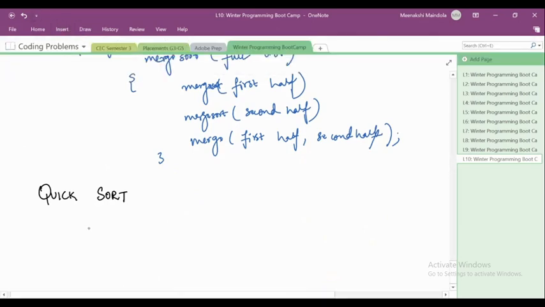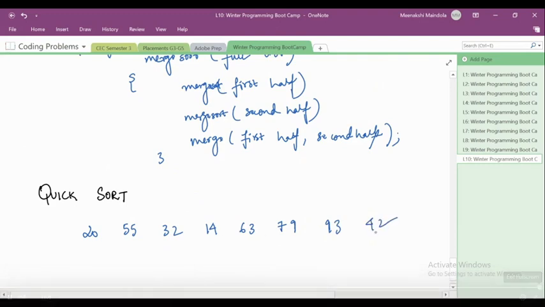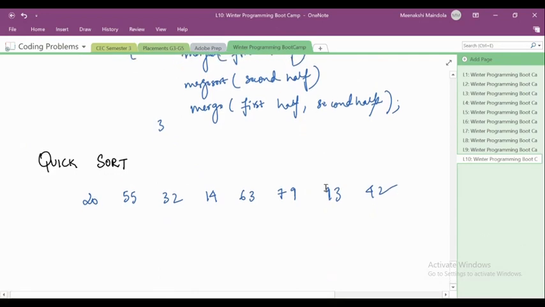Say you have 20, 55, let us say 32, 14, 63, 393, let us say 42. Let us say you have these elements in your array.